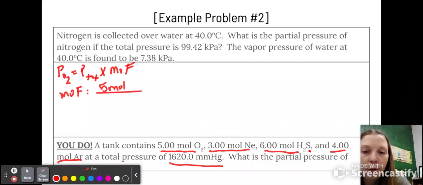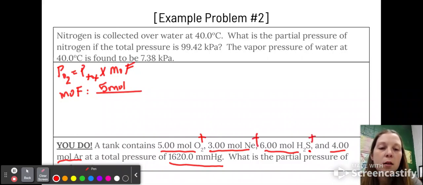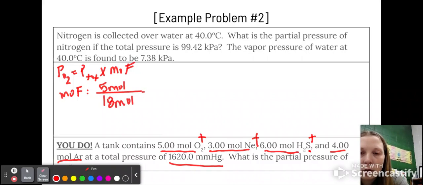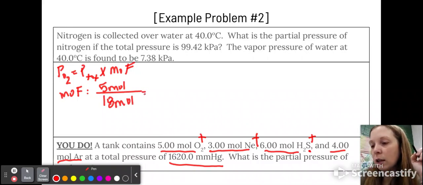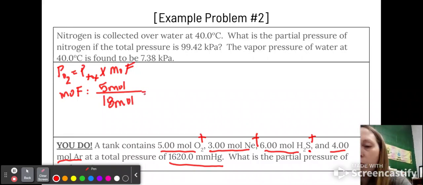So we're going to do 5 plus the 3 plus the 6 plus the 4. So that would be 8 plus 6 is 14 plus 4 is 18, right? So we've got 18 total moles. So my mole fraction here is 0.278.